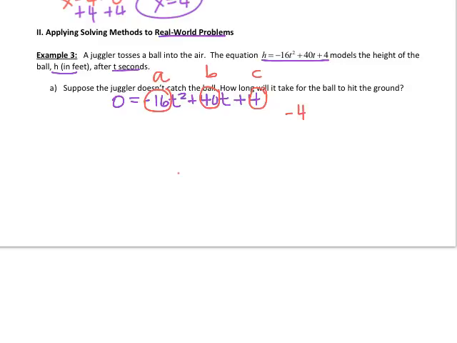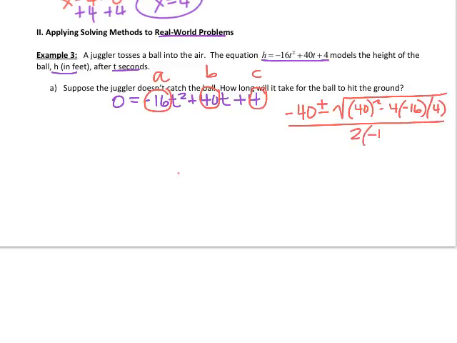So I'm going to say negative 40 plus or minus the square root of 40 squared minus 4 times negative 16, which is A, times 4, which is C, and then that goes over 2 times negative 16.